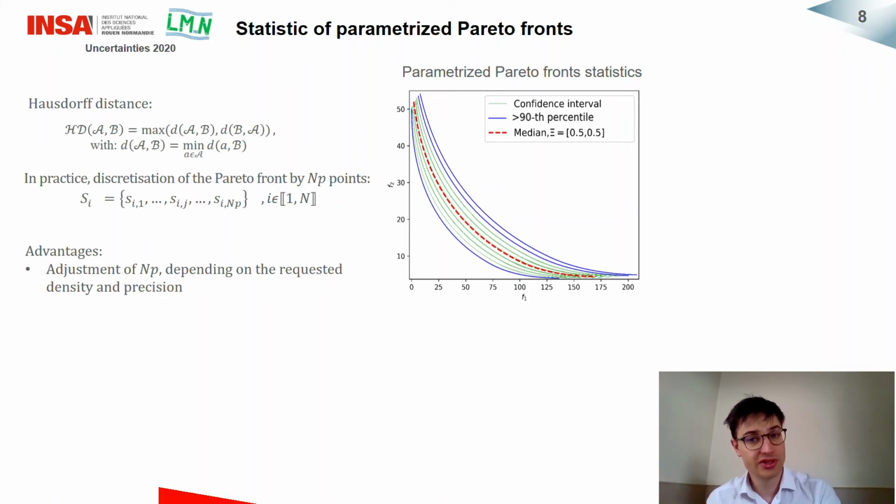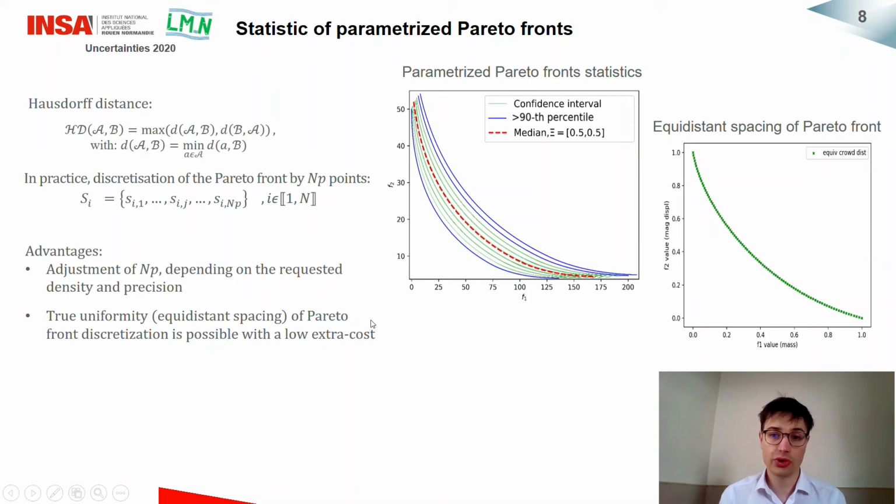There are multiple advantages. For example, the first one is that we can adjust the number of points for the Pareto depending on the density and wanted precision. And we can even achieve a true uniformity between the Pareto fronts, that is equidistant spacing, so perfect crowding distance between the points. And this equidistant spacing gives us an opportunity to propose a mean definition.